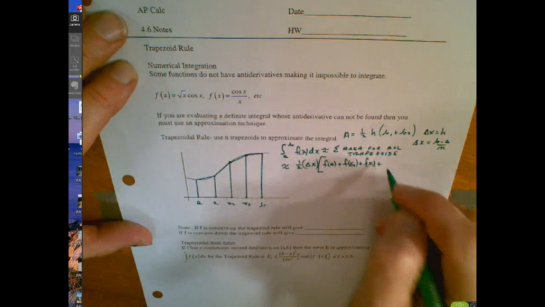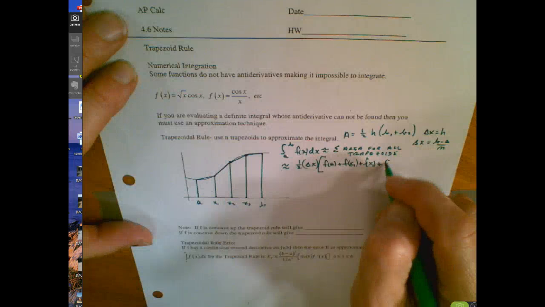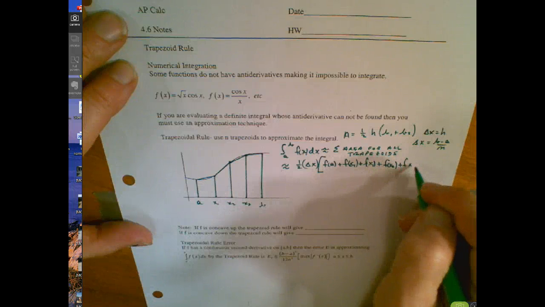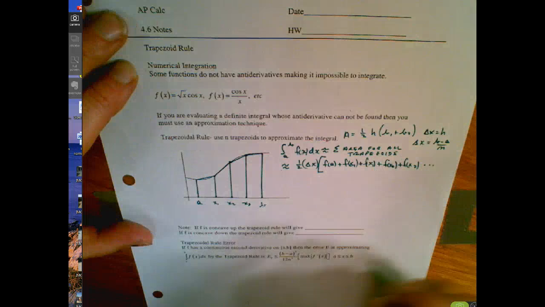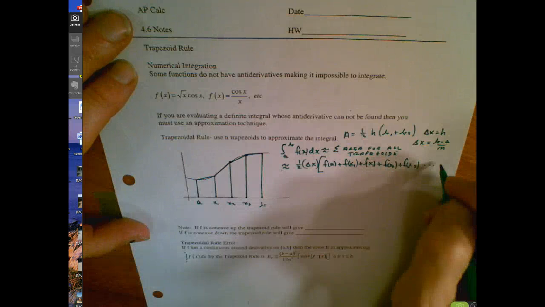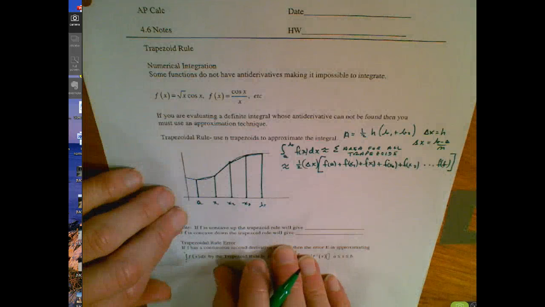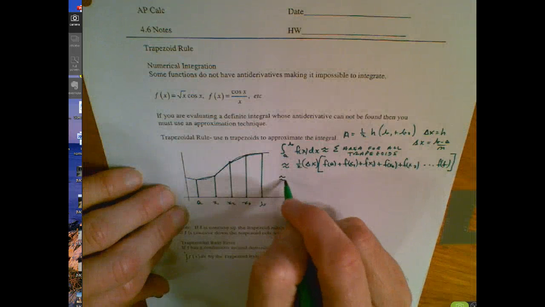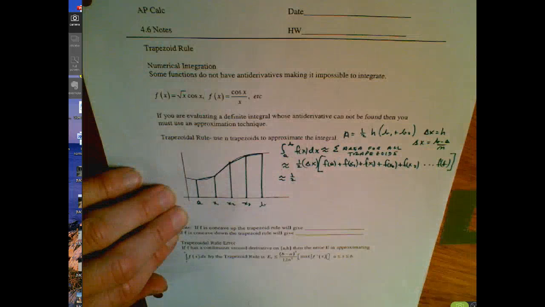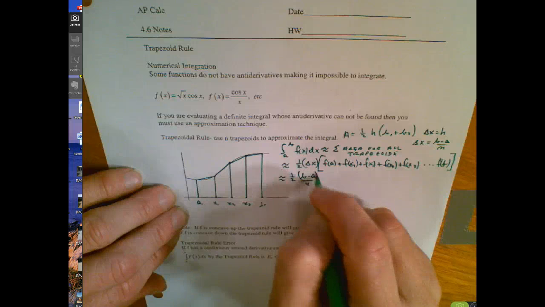And we'll continue this. Notice for the second one, f of x sub 2 is the right side of that one, but then it's also the left side of the next one. So if we continue this all the way, we'll get to where there's only the end, which would be f of b. Okay, so let's just see how this pans out. For this specific one, it's equal to 1/2 times b minus a over 4 in this case.